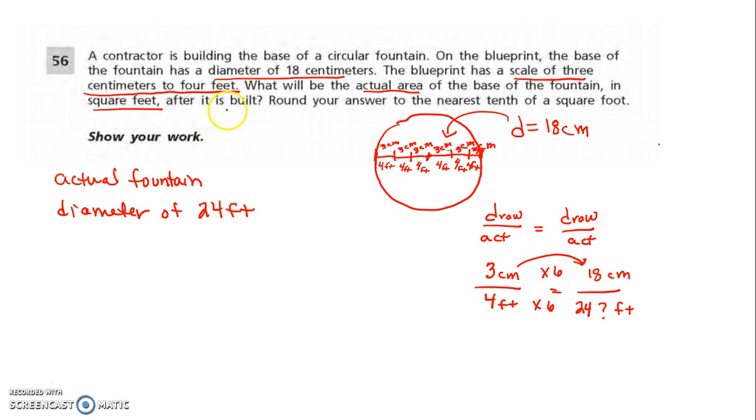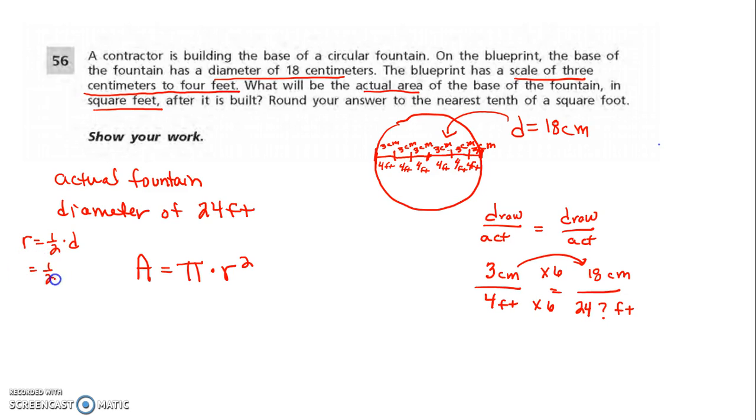And because we need the actual area, I want to talk about the actual fountain's diameter. So now it's the area of a circle. Area equals pi times r squared. Well, if the diameter is 24 feet in actuality, what is the radius? The radius is just half the diameter.